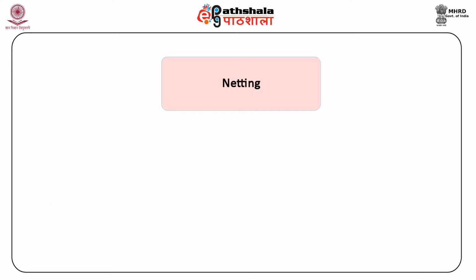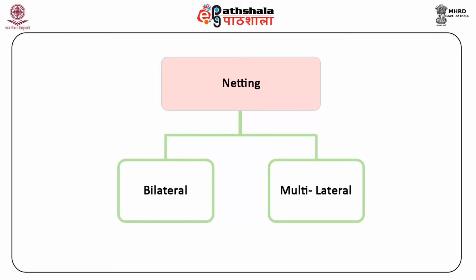Two types of netting exist, bilateral and multilateral netting. Let us now illustrate bilateral netting with an example. Consider an Australia-based company with two subsidiaries, one in Germany and one in the USA. The German subsidiary owes the American subsidiary 20,000 euro.